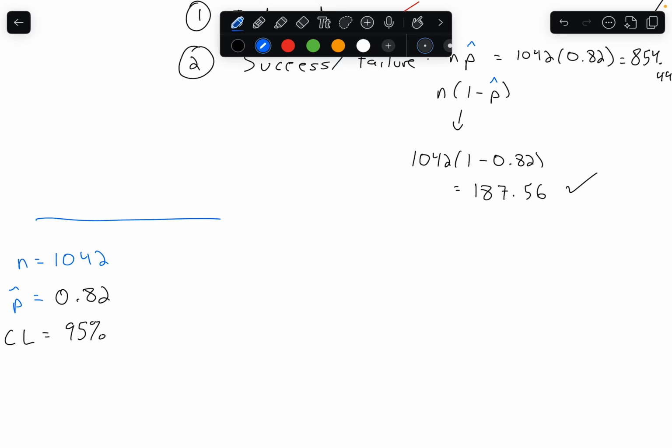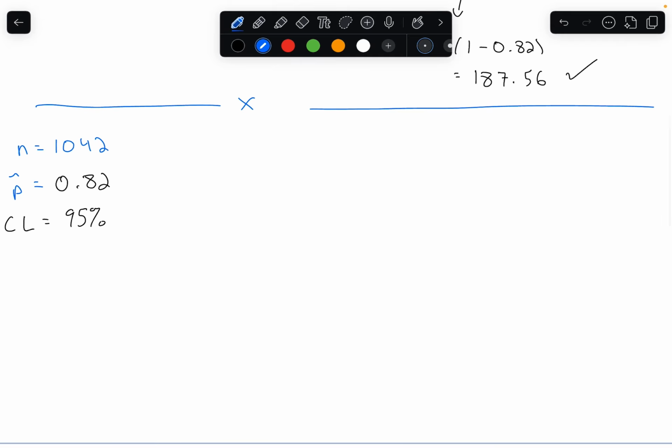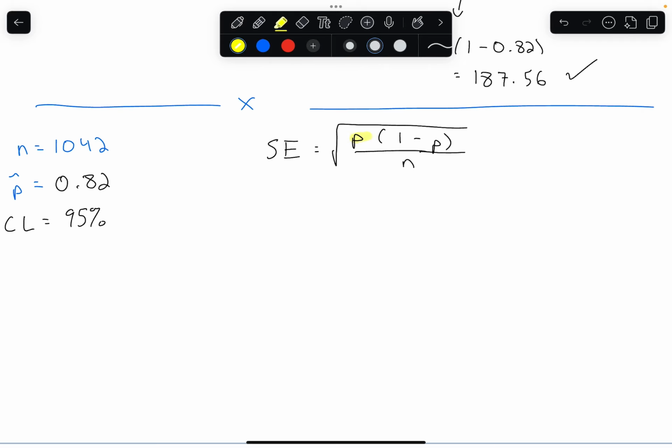So if I'm going to go ahead and build a confidence interval, the very first thing that I need to do is find my standard error. The standard error from our central limit theorem section said square root of p times 1 minus p divided by n. But I just said I don't know what p is.